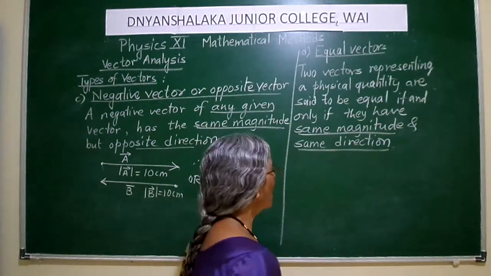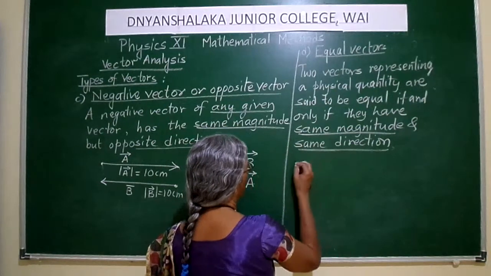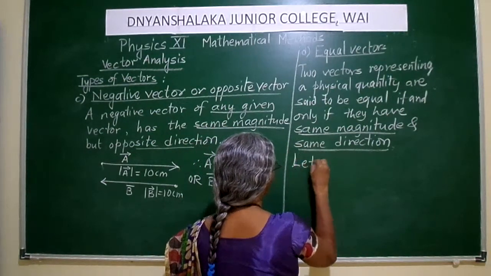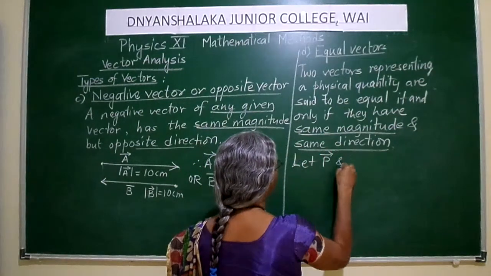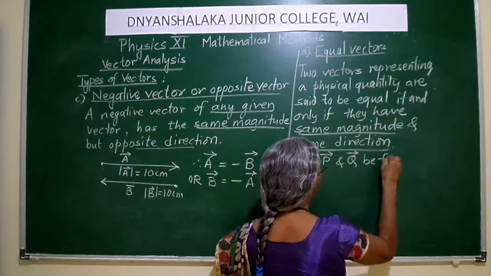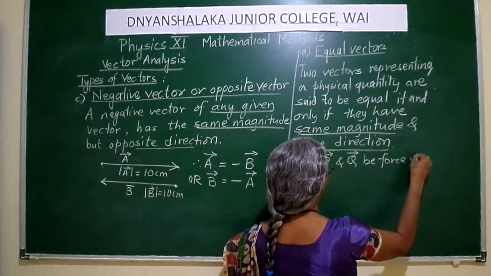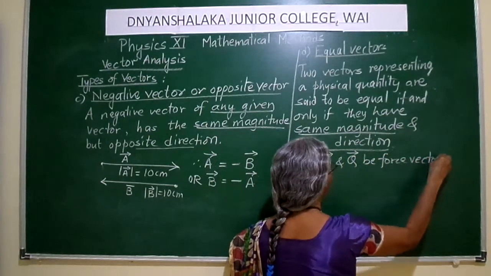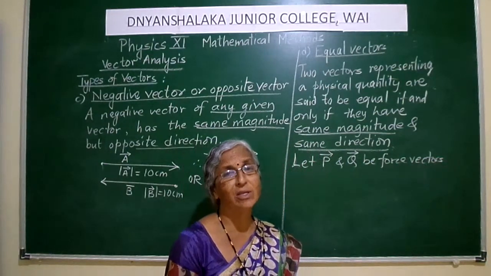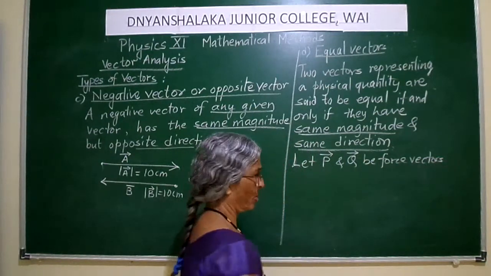Okay? Say for example, let vector P and vector Q be force vectors. We are taking these as force vectors. That means these are vectors representing force.